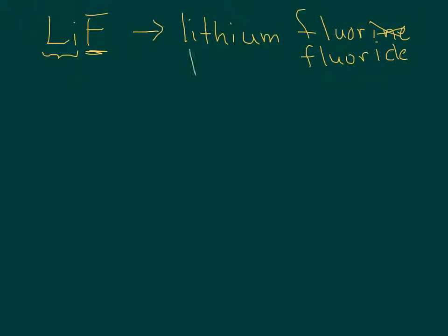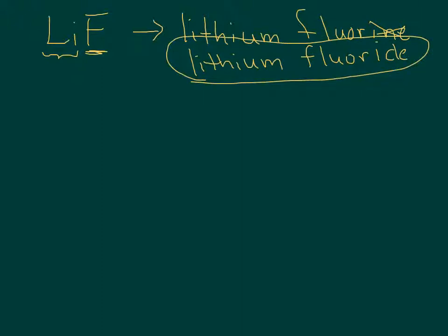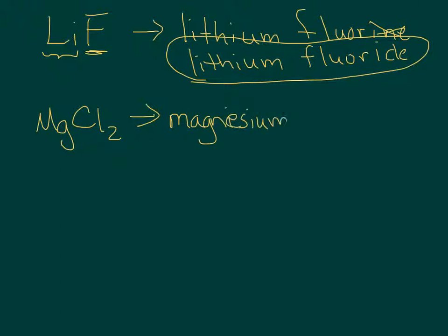Lithium fluoride. Okay. MgCl2. Again, it's an ionic compound, so we have to follow the rules for ionic compounds, which would be magnesium chloride. Instead of chlorine, we would say chloride.